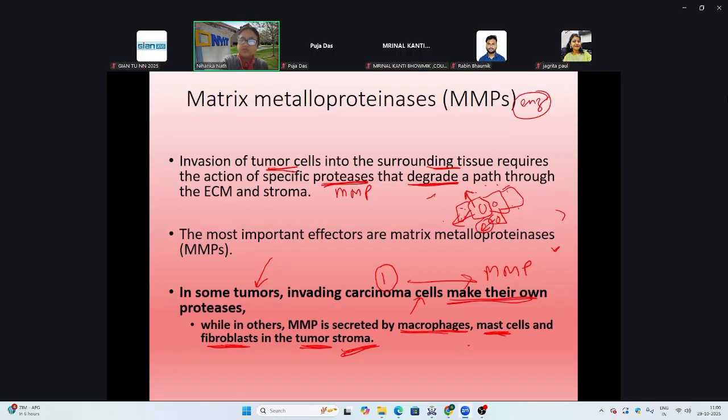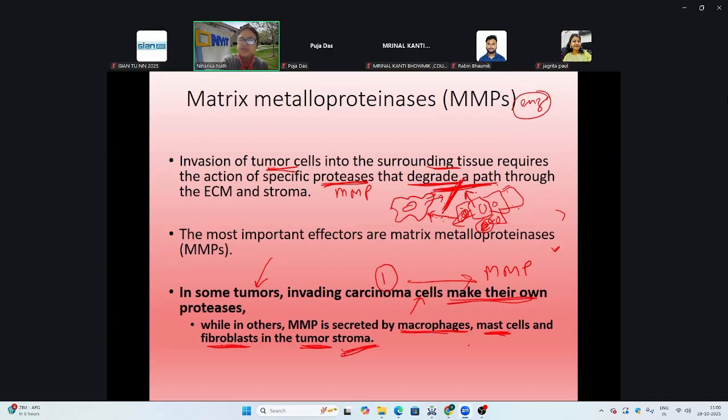So more tumor cells. And what does a macrophage look like? The macrophage looks like this. These macrophages within the tissues are talking to each other, and the cancer cell tells the macrophage, can you do me a favor and make some MMPs? And then the macrophage will make the MMP, and it will degrade the collagen.